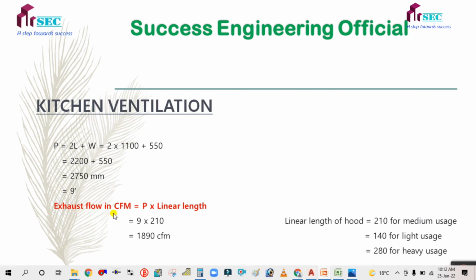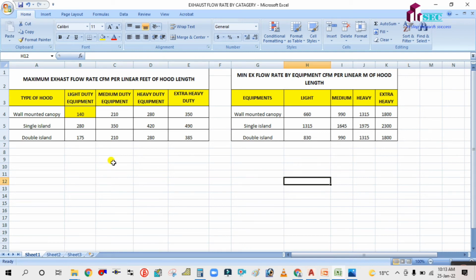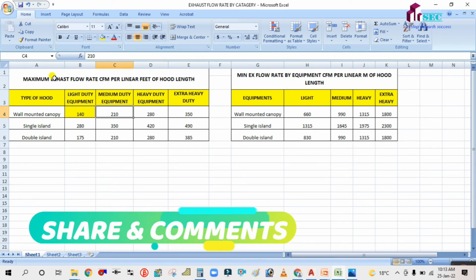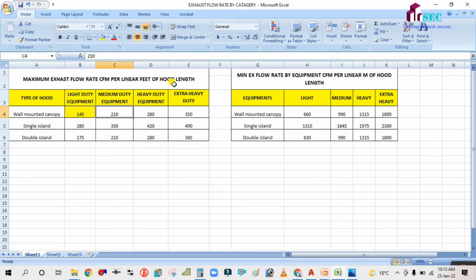Now you have to calculate the exhaust flow CFM. P into linear length. So P into 210, coming from where? 210 is coming from here. The maximum exhaust flow rate CFM per linear feet of hood length. So I am considering this as a medium usage. For the medium usage, for wall canopy hood, the linear length is 210.